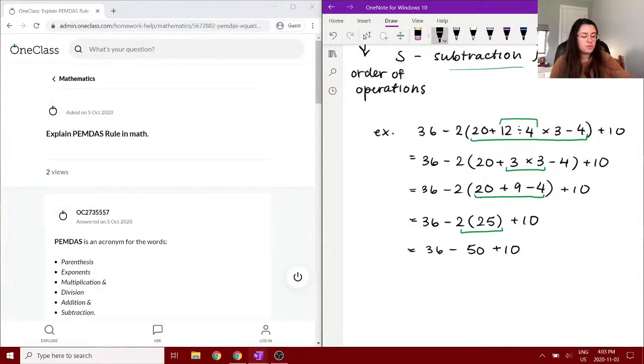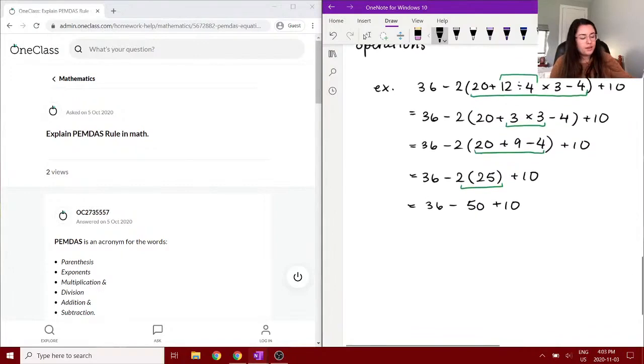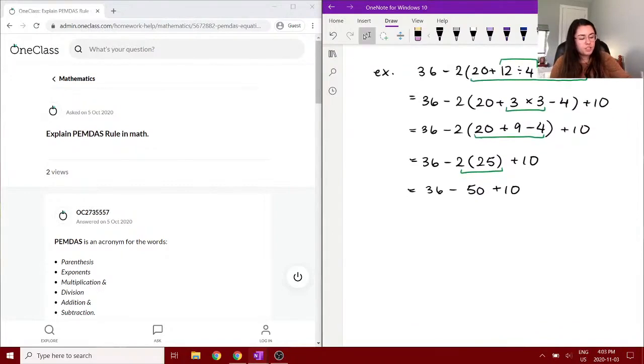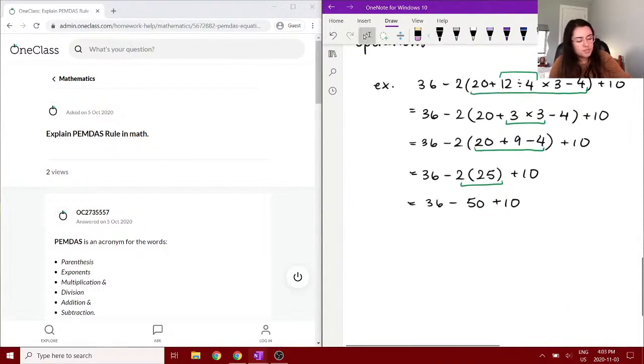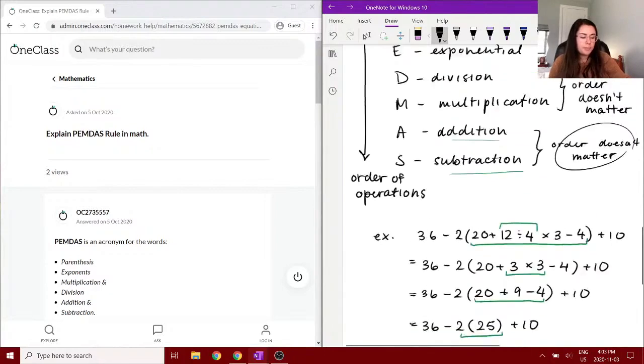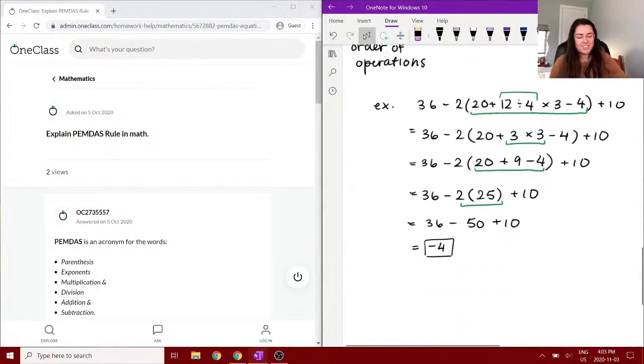And because we have subtraction and addition, once again, order does not matter. So we are going to do this all in one step. And then we'll get the final answer of minus 4. Okay? So that is how you work through an equation using BEDMAS or PEMDAS.